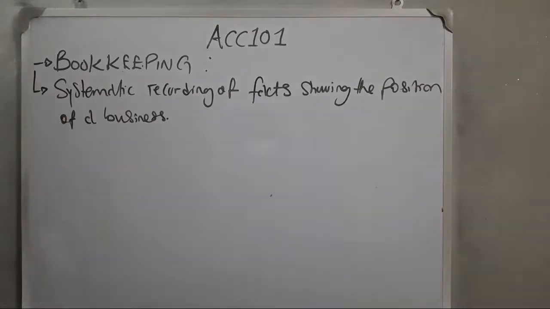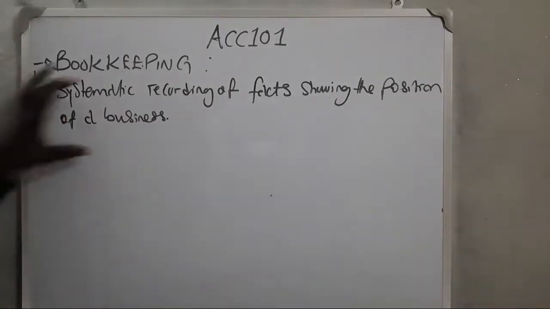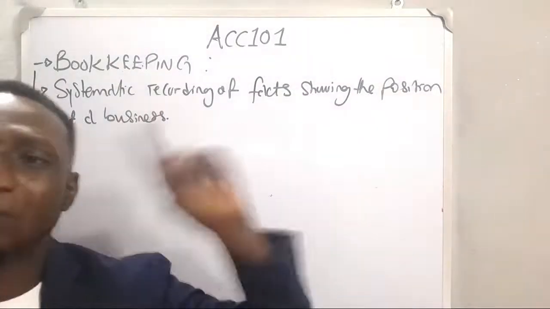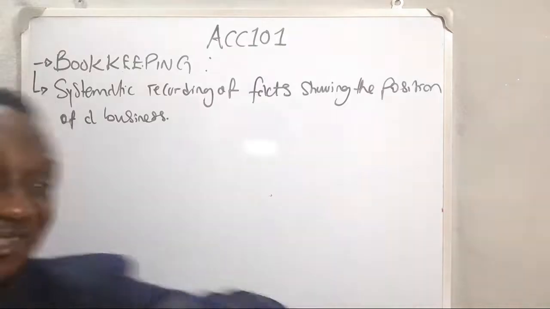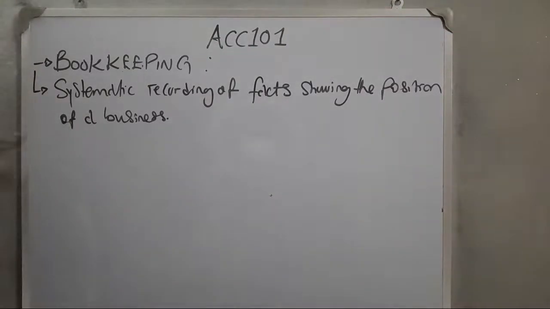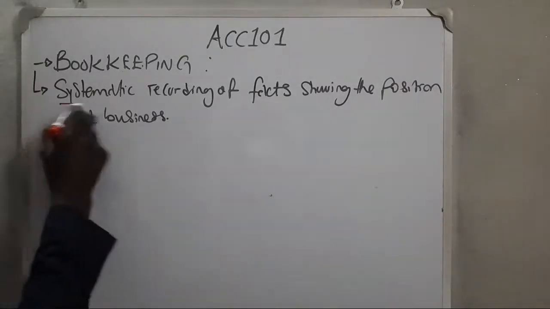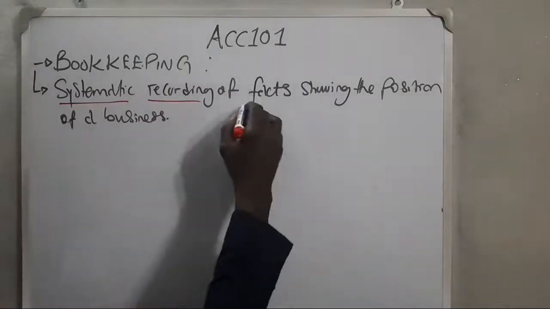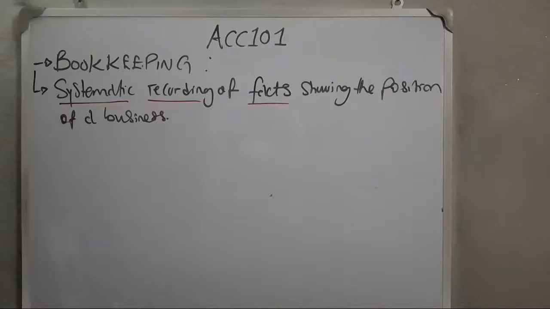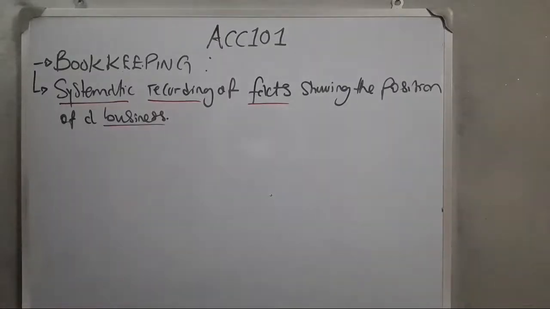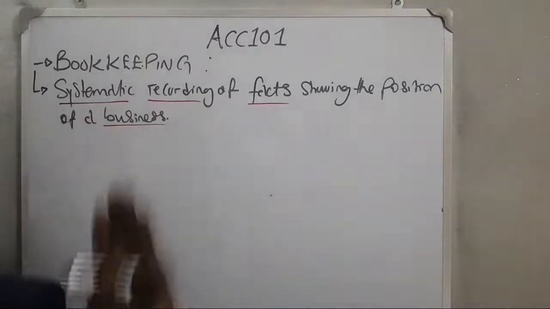Now, do you realize that this statement takes us back to the emphasis I was making just before now? Let's underline the key point: systematic recording of what? Facts. What fact? Facts about a business position.